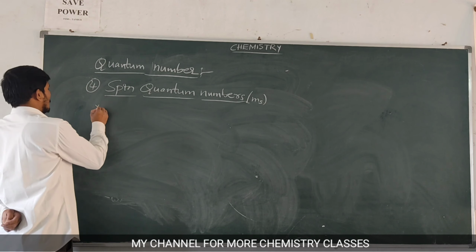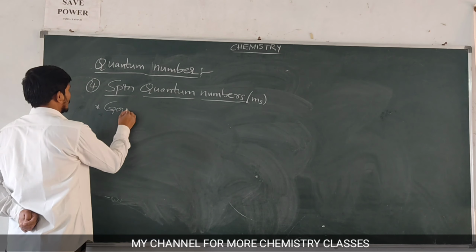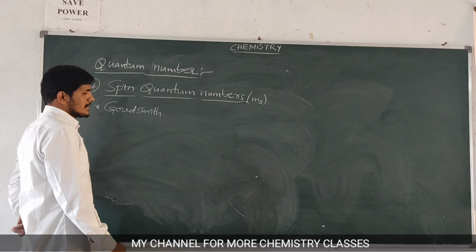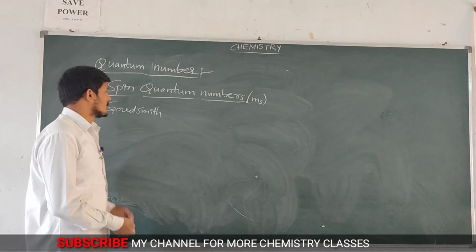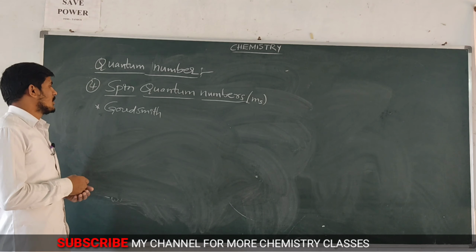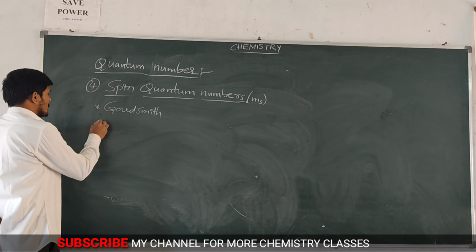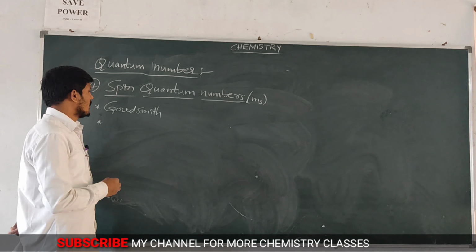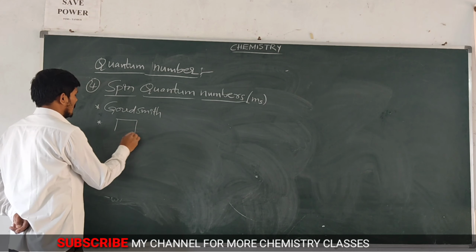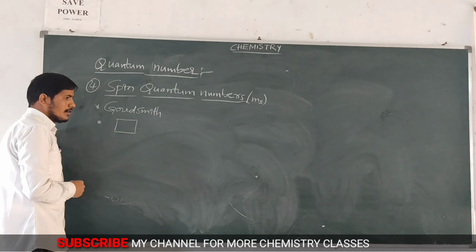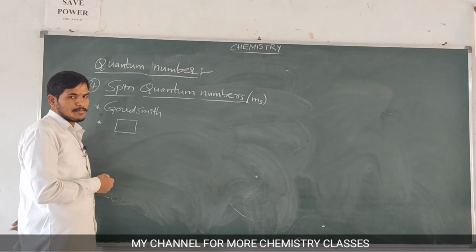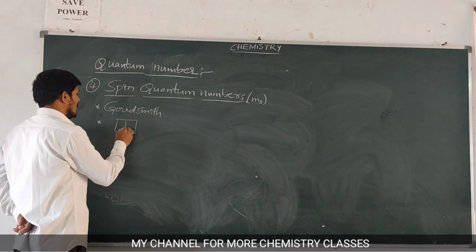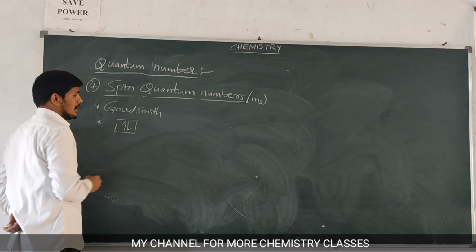This was proposed by Goudsmit and Uhlenbeck. Every orbital gives accommodation to only 2 electrons. Imagine this is an orbital; it will hold a maximum of only 2 electrons, and they must be opposite in their direction.